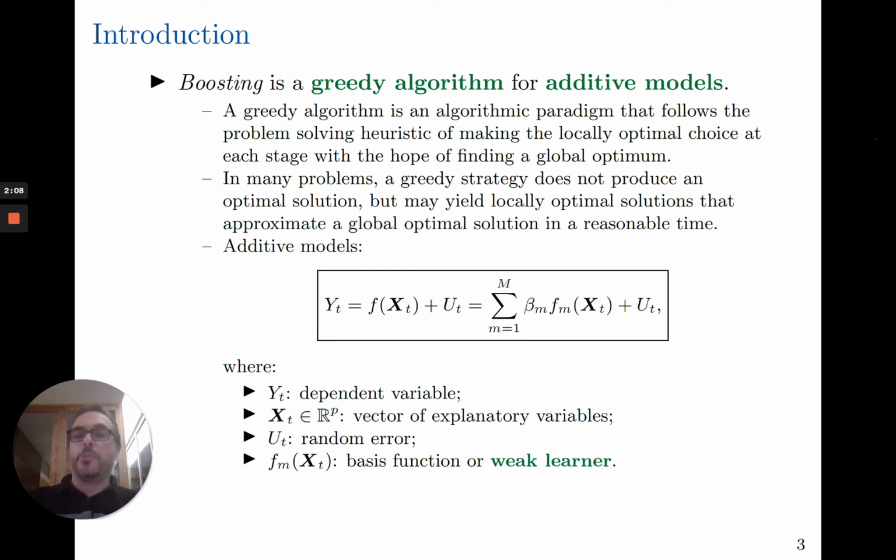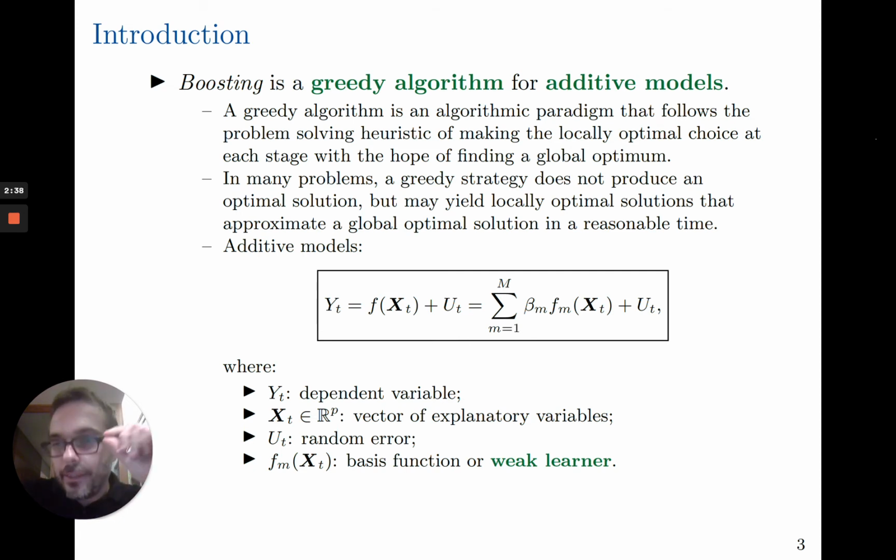So if we express this function f as a linear combination of functions f of m, so we have capital M functions f, and we are linearly combining these functions. This is an additive model, okay? And these functions f of m, we call them the basis functions or the weak learners.